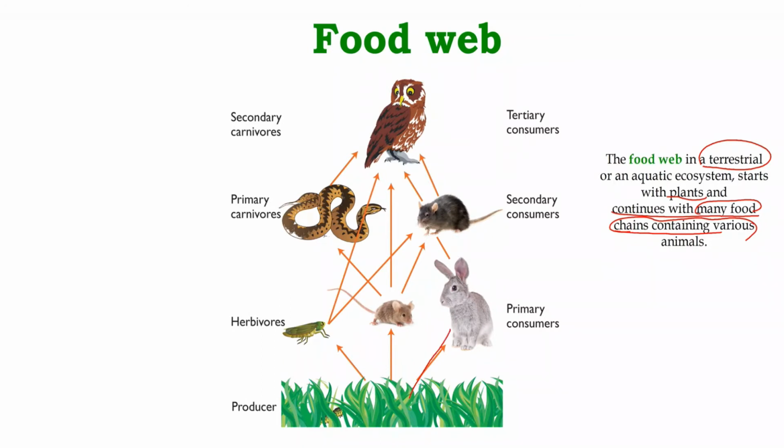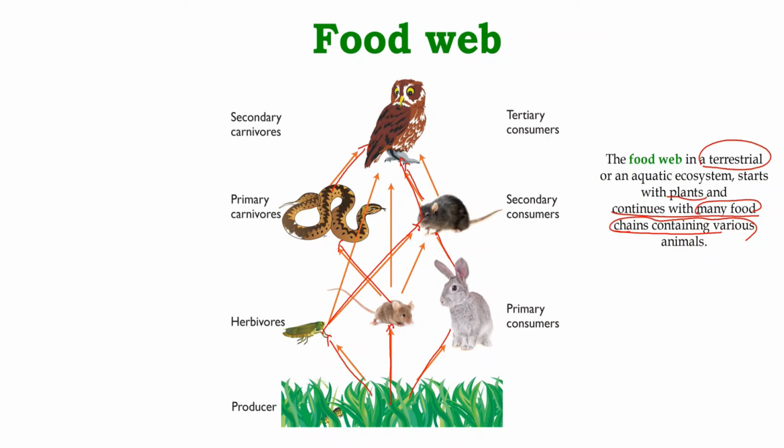We can go to the rabbit, then to this big mouse, then to the owl. Or for this, we start with grass to the grasshopper, from grasshopper to the mice, then to the owl. Or grass to the mouse, mouse to the snake, snake to this owl.